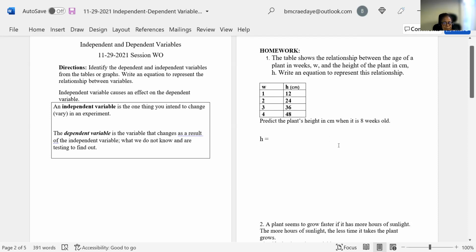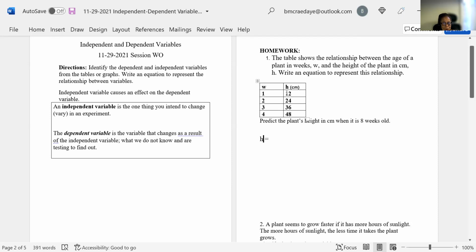Well, H is dependent. The height is dependent upon the number of weeks it grows. But how would you write this mathematically as a relationship between height and weeks? Height times weeks. No, height equals what? Height equals the weeks. No, it's not equal because that's a 1, that's a 12, that's a 2.